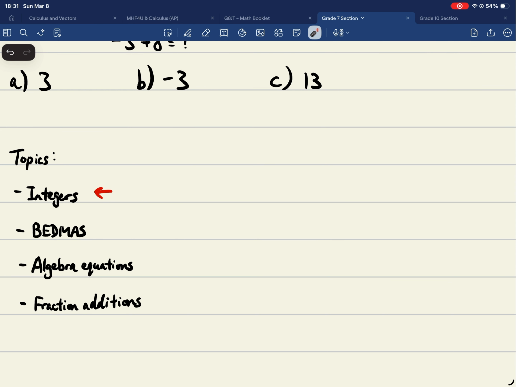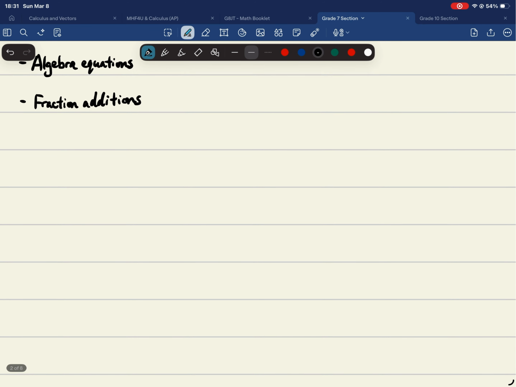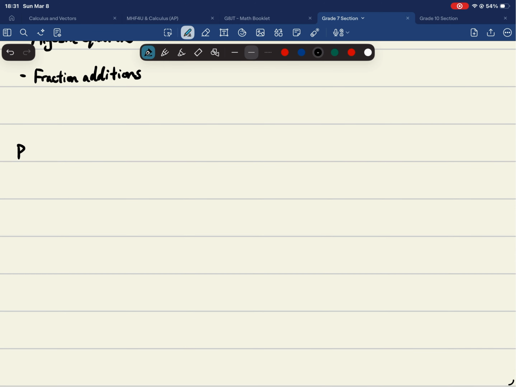So today, I'll be introducing the first topic, integers. First, let's understand the concept of what positive and negative numbers are. If I say positive numbers, it includes 1, 2, 3, 4, and so on.